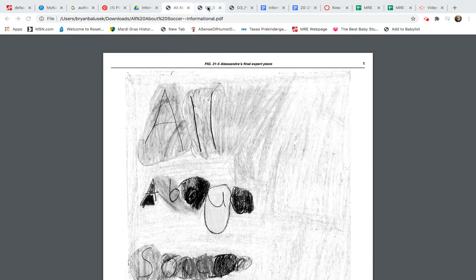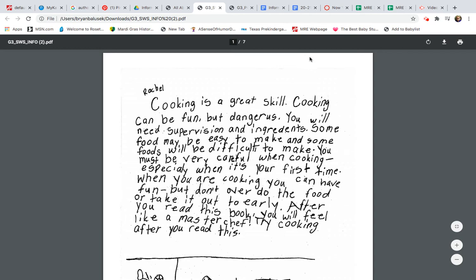Okay, I want to show you another example. This one is from Rachel, and it's about cooking. Okay, cooking is a great skill. Cooking can be fun but dangerous. You will need a supervisor and some ingredients. Some food may be easy to make, while some food is difficult to make. You must be very careful when cooking, especially when it was your first time.